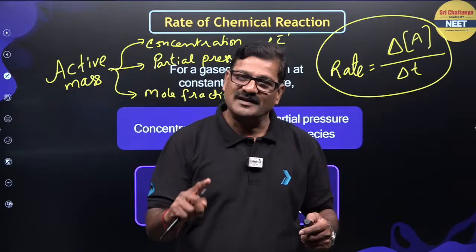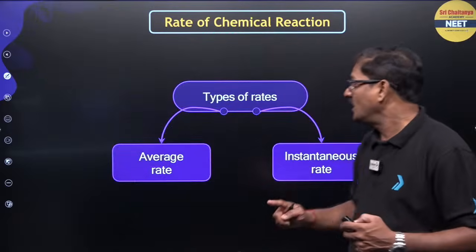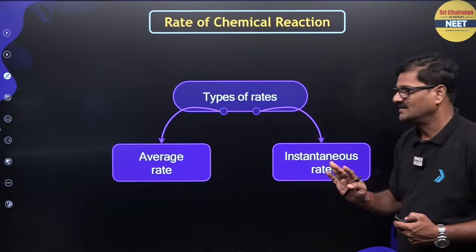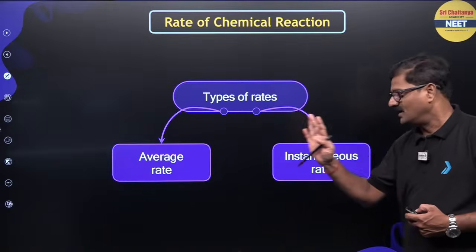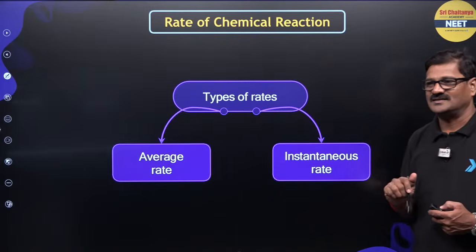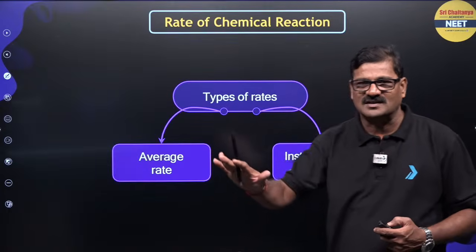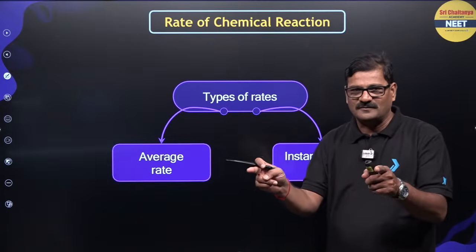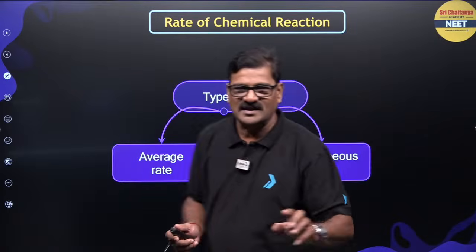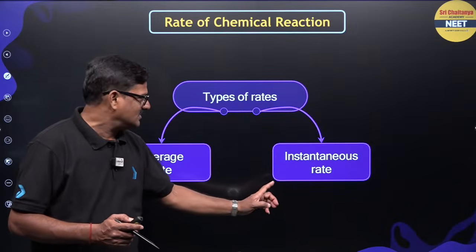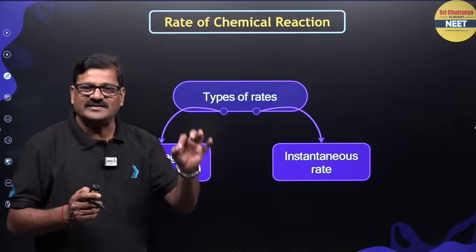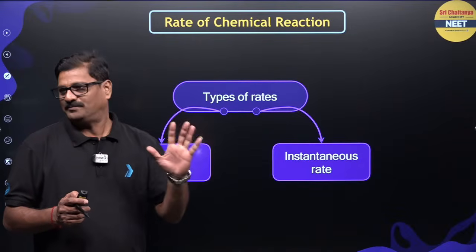Rate means speed of a reaction, right? And here are the types of rates: average rate and instantaneous rate. I want to tell you a long story in short. Average rate is the rate in an interval of time, and instantaneous rate is the rate at that instant of time.